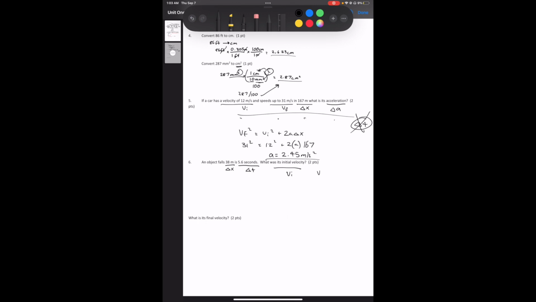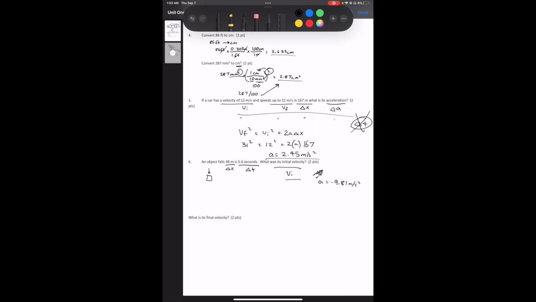Well, we're going to need either a final velocity or an acceleration term to help us out. It looks like we don't have a final velocity, but we have an acceleration. If an object is falling, assuming this is on Earth, its acceleration is going to be negative 9.81 meters per second squared. Our g constant if you're taking any other classes that might deal with gravity. And we do have an acceleration.